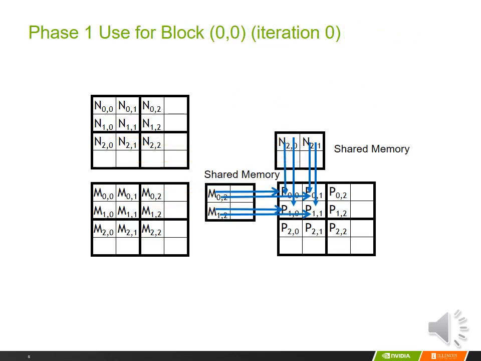Once we have loaded the tiles into the shared memory, phase 1 of block 00 will consume the M and N elements from the shared memory, and this is just illustrated in this slide. For iteration 0, the threads are going to be consuming valid M elements from the shared memory. So this is fine.